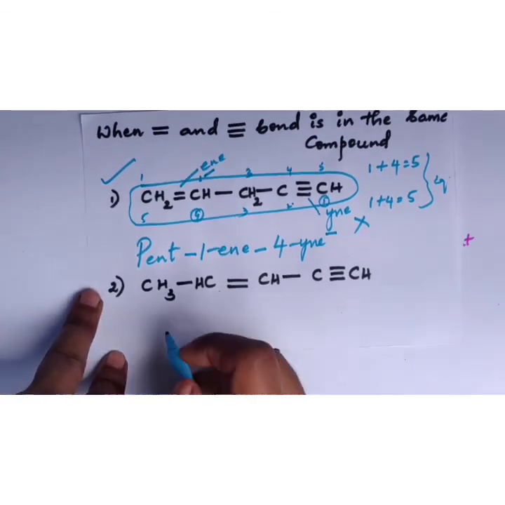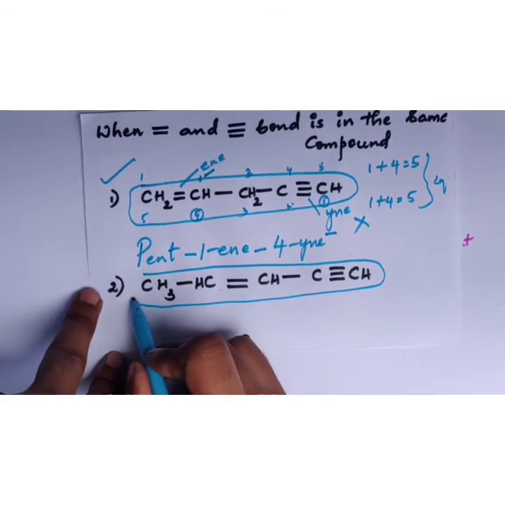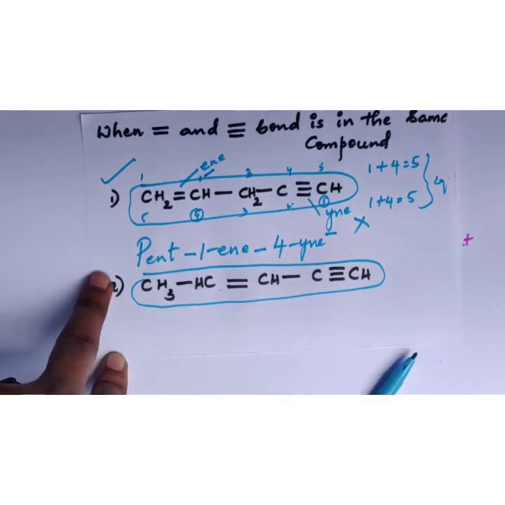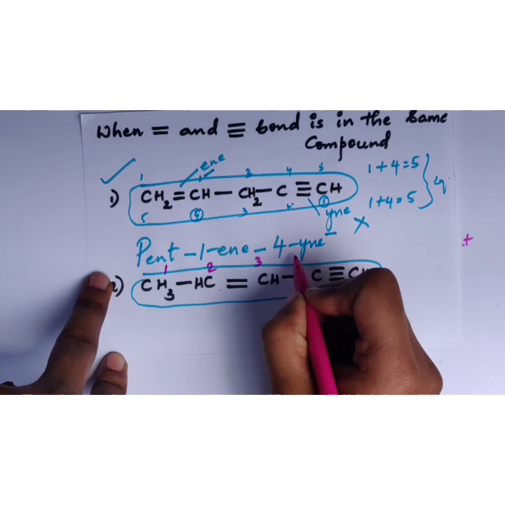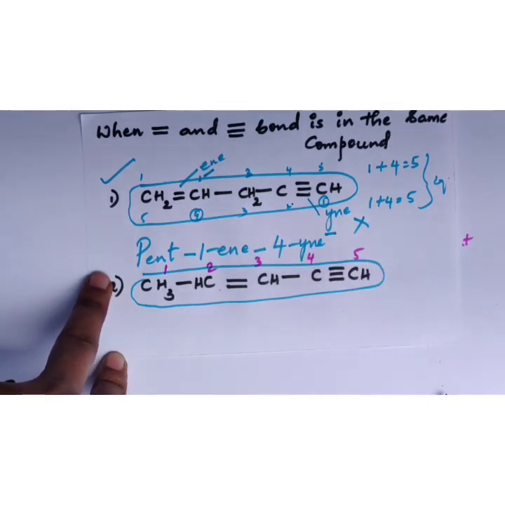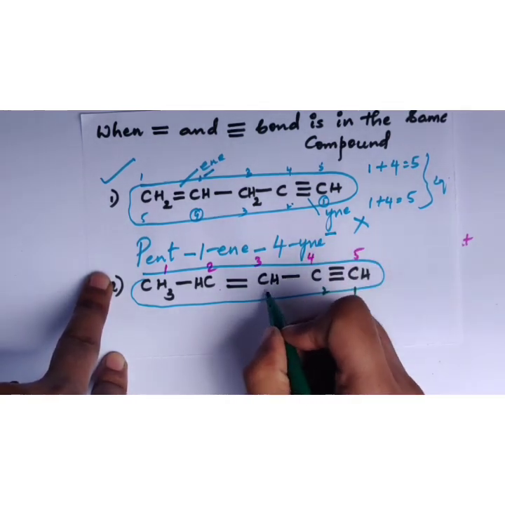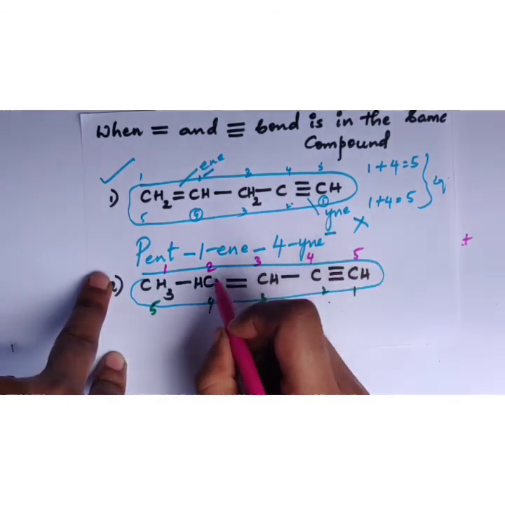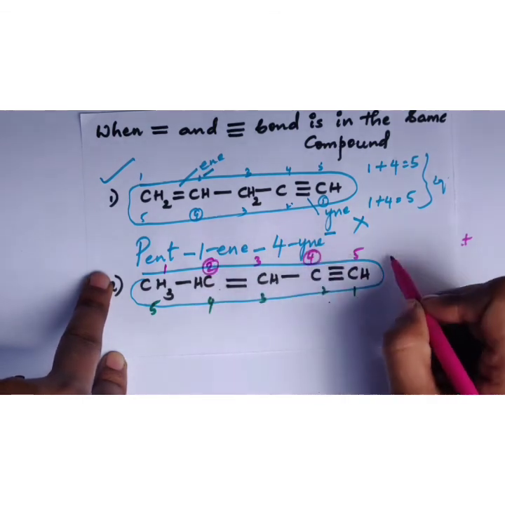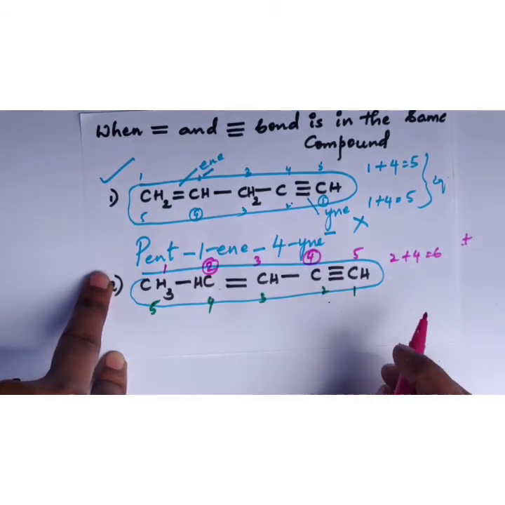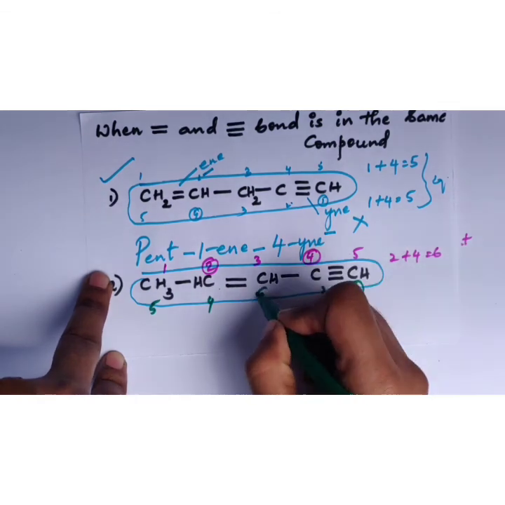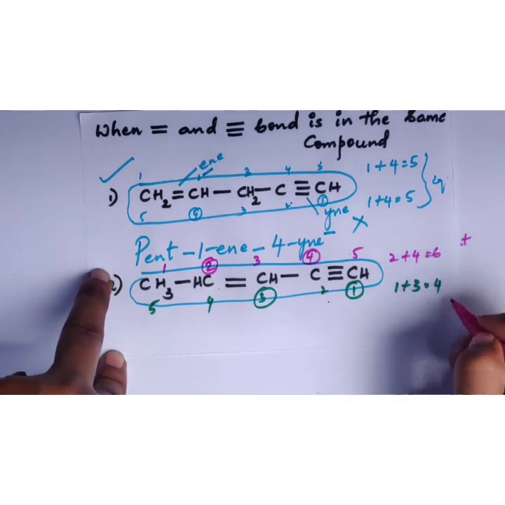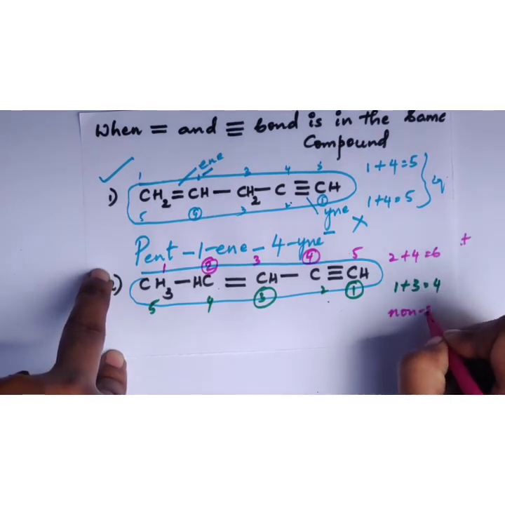Let me go to the second example. I've selected the parent chain. Number it. When you number it, here the numbering will be 1, 2, 3, 4 and 5. And here the numbering will be 1, 2, 3, 4 and 5. So whatever the total, you do it. So here it is 2 plus 4, it is 6. Here if you total, it is 1 plus 3, so it is 4. So the total is not equal, so it is non-equivalent.